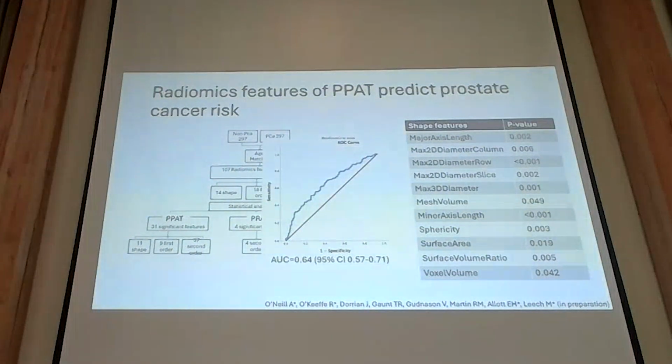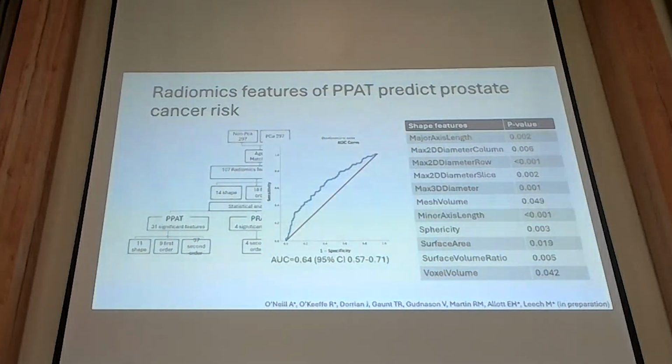But I wanted to end by showing you some of our predictive analysis using the radiomics features. I had mentioned a few slides ago that we used radiomics to extract quantitative features of imaging, because we wanted to see whether there were morphological features of PPAT that could be predictive of prostate cancer risk.